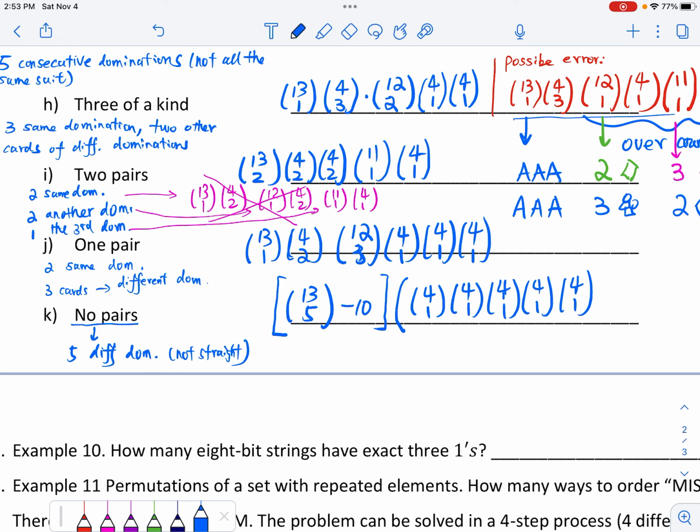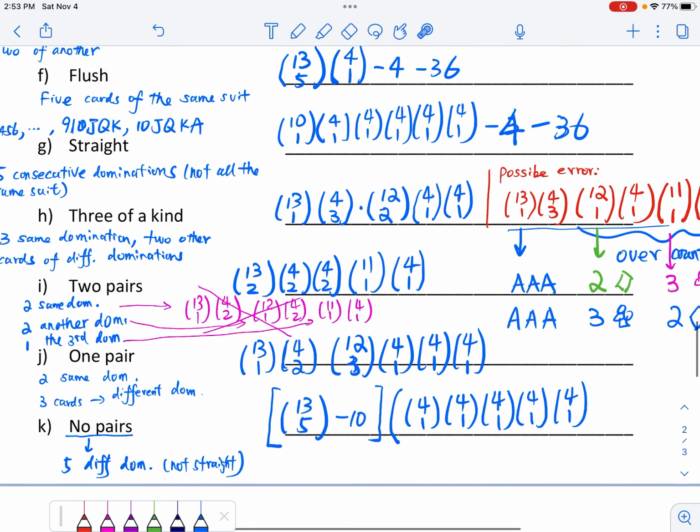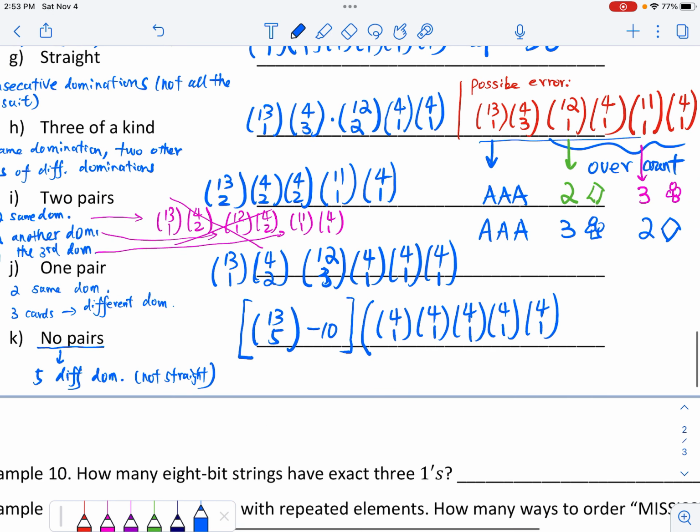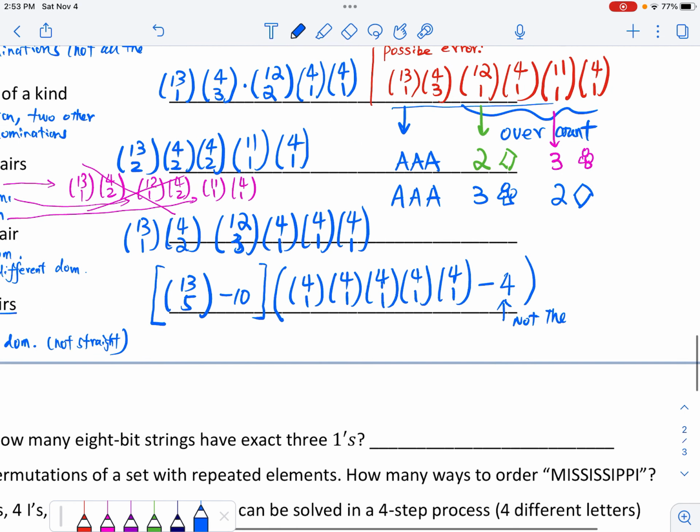Now you also want to make sure that they cannot be the same suit. If they are the same suit, we call it a flush, so we do not want the flush. So in the second step, you want to make sure they're not the same suit. So minus the 4. This means not the same suit, so you have to subtract the possibility of the same suit.